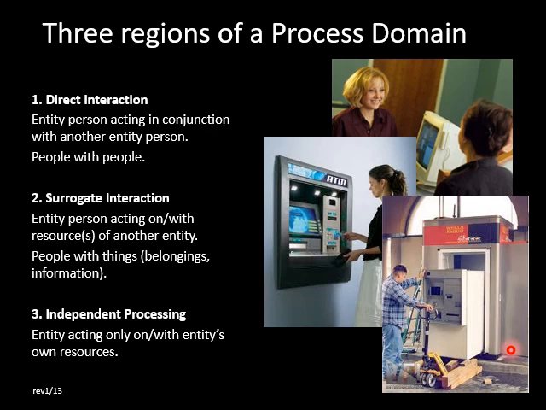They're just using their own resources. And the example would be you using your laptop to access your resources, whatever they may be. So you can use the software on your laptop to independently process whatever you want. You can write a letter, and that's independent processing.